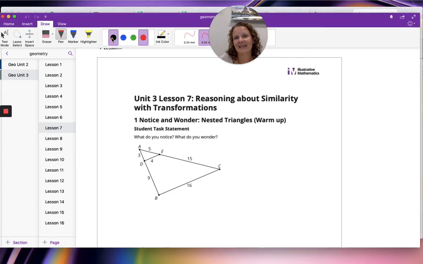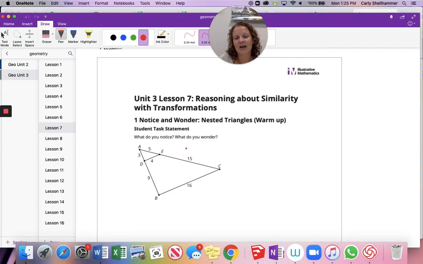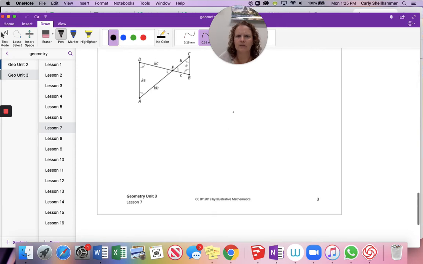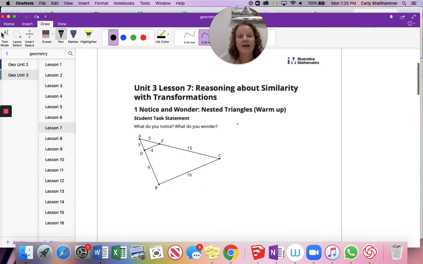Let's see. I noticed that triangle ADE and triangle ABC share a vertex.